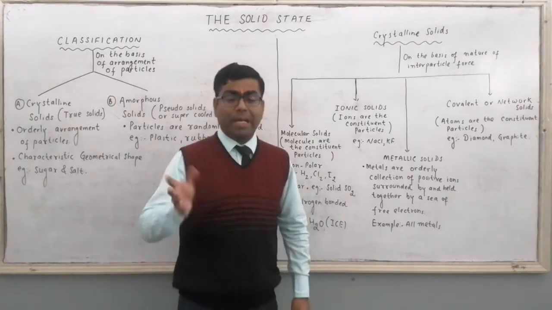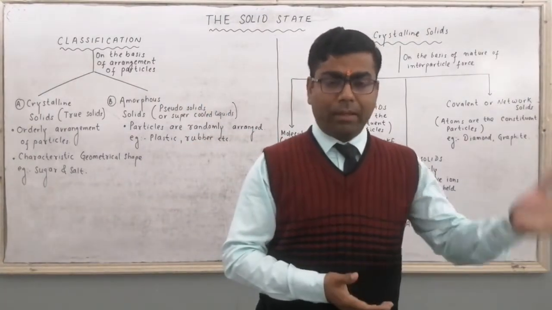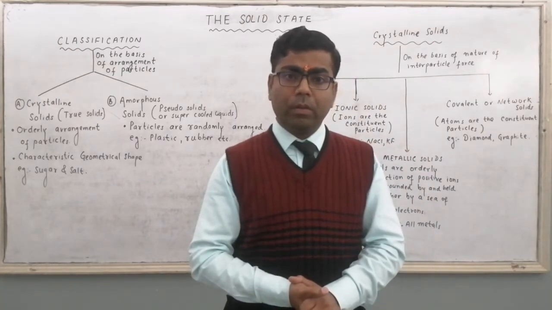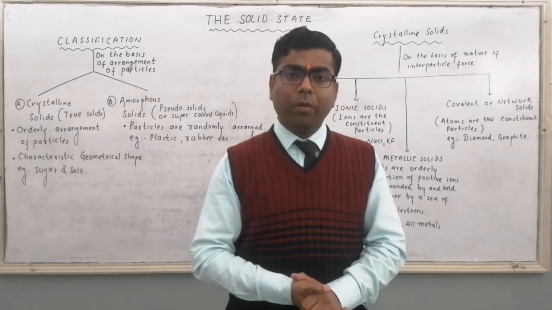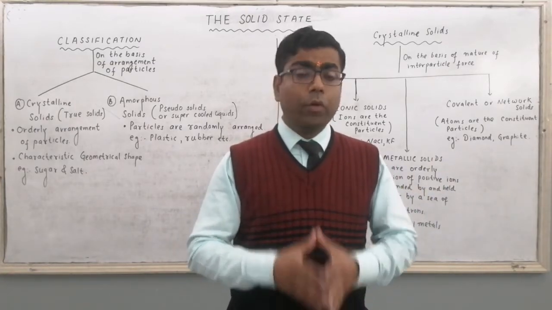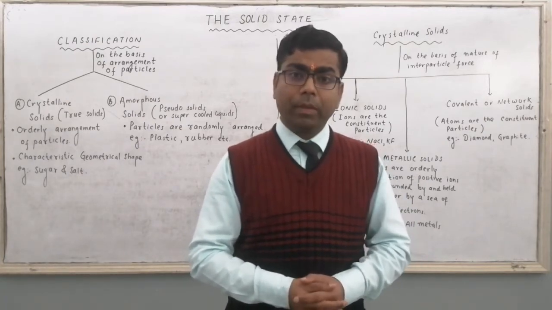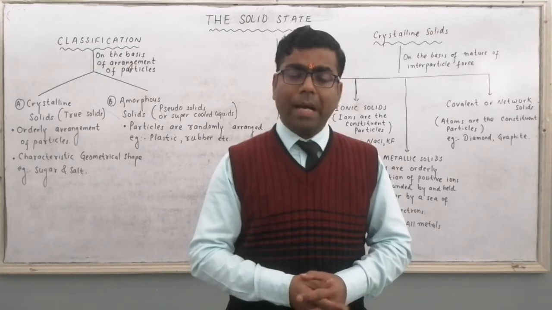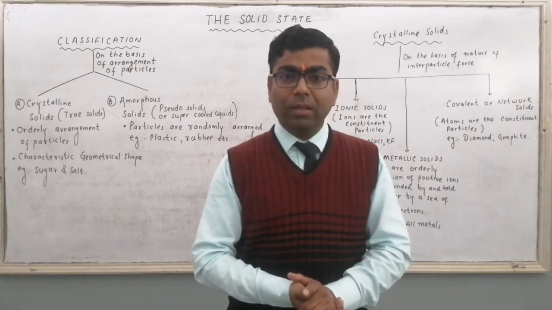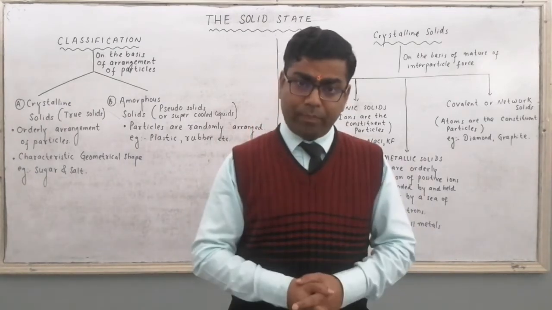Whenever metals are involved with non-metals in the formation of the molecule, or when bonds are formed between metals and non-metals, we always get ionic solids. Remember, ionic solids are poor conductors of electricity in solid state because ions are not mobile.